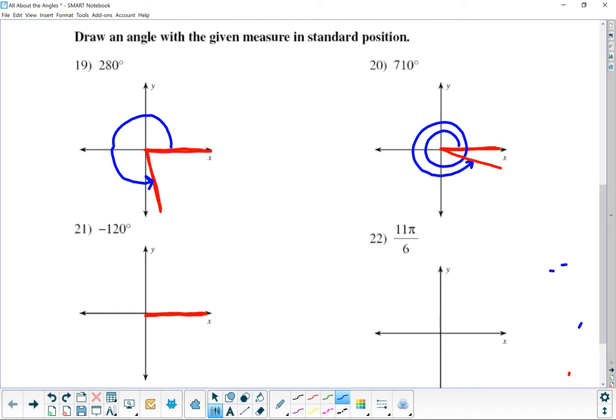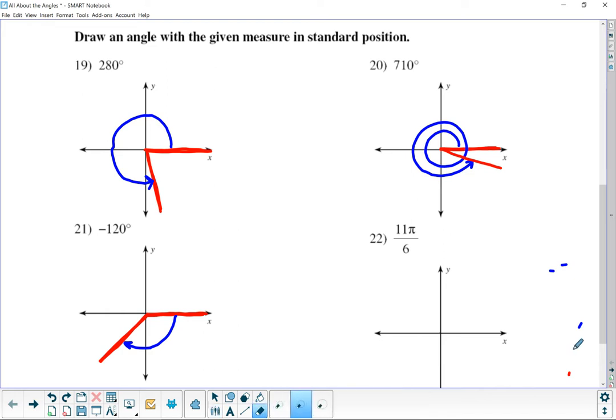From 90 to 120 is 30, so 90 plus 30 is 120. So I need 30 degrees after 90. So this will be negative 90, and then I need 30 more degrees. Again, you're just going to eyeball it. It's going to be about that much, because if you hit the middle, it'll be 45 degrees, and I need 30 degrees. So I would say this right here would be negative 120 degrees.